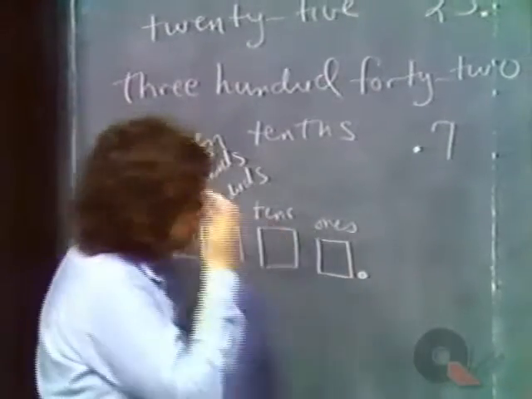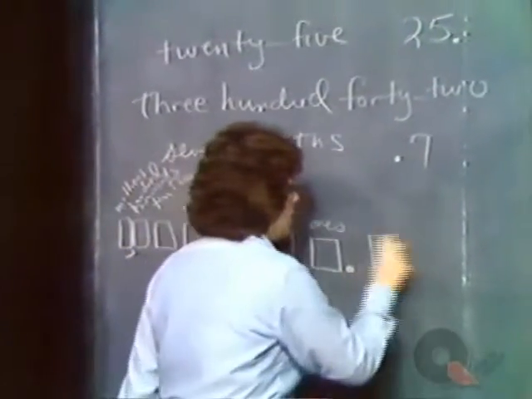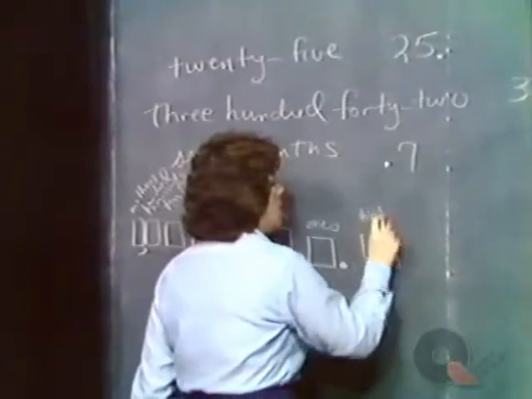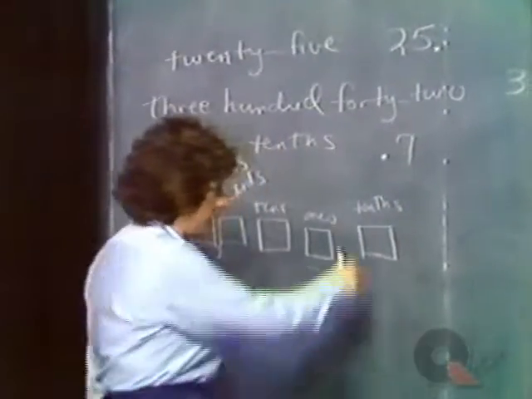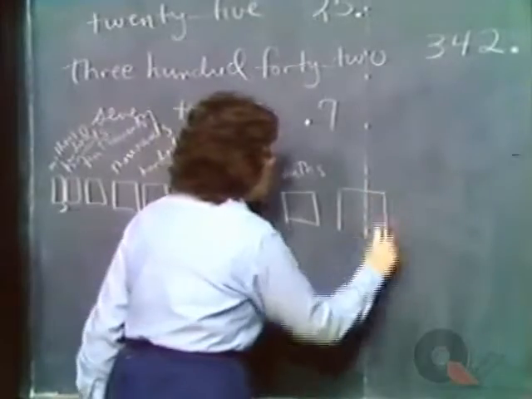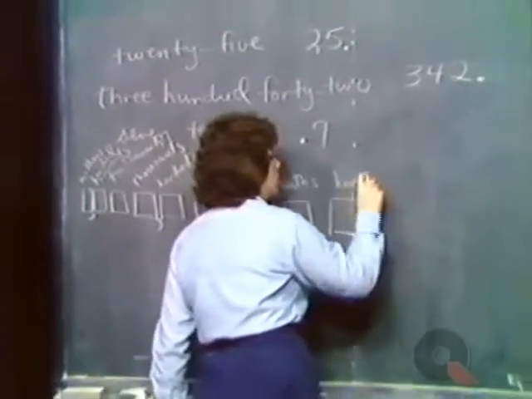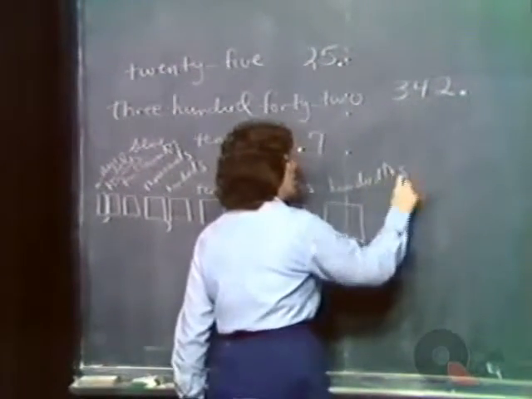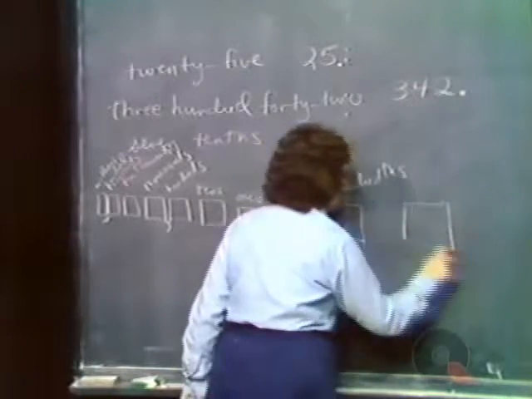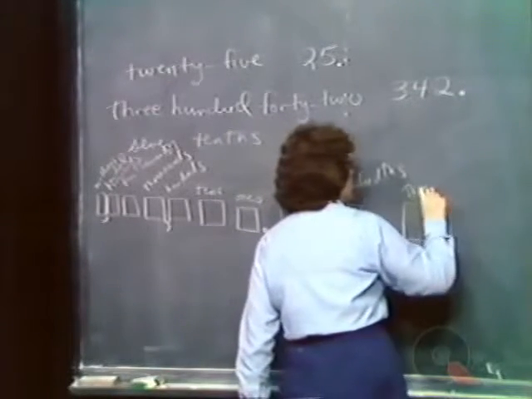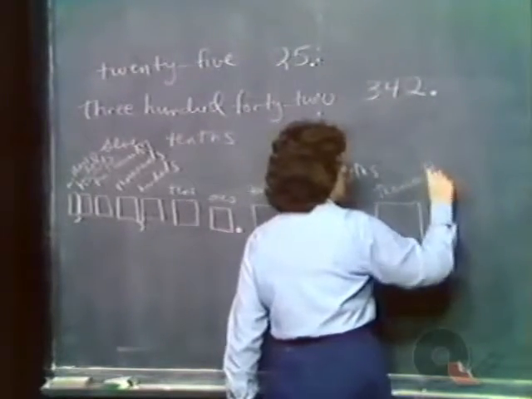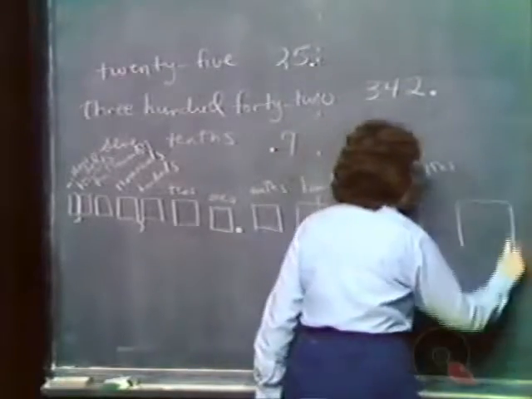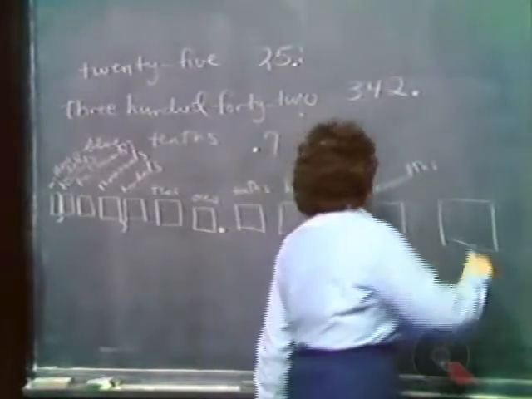To the right of the decimal point, we have the tenths place. This gives us the number of tenths. We have the hundredths place, thousandths place, and usually they don't go any further than 10,000ths.